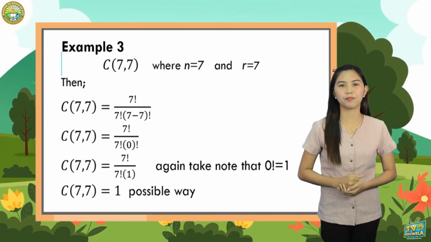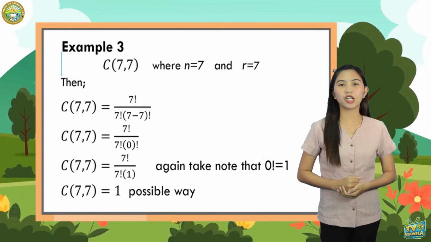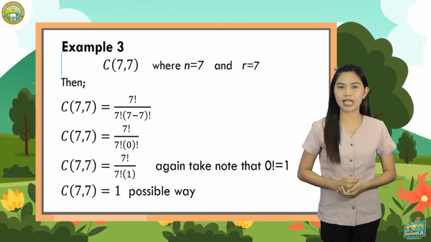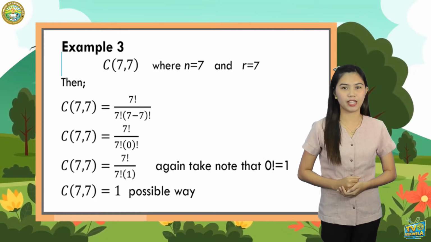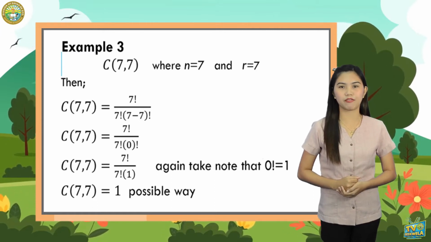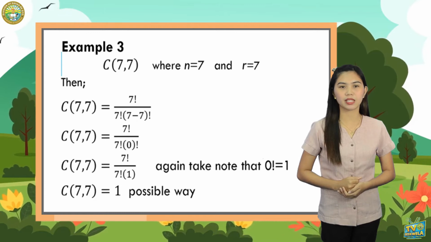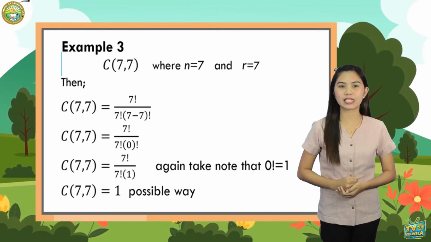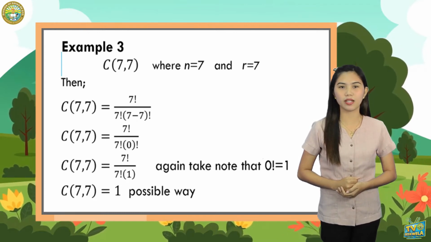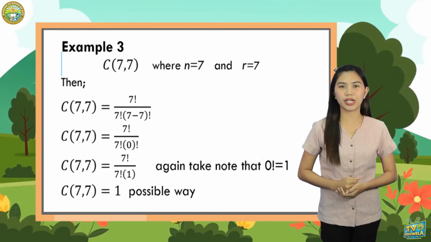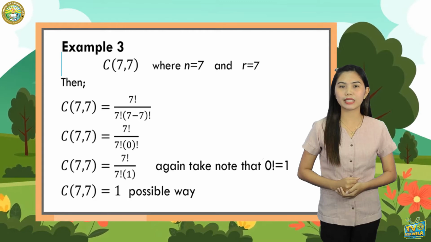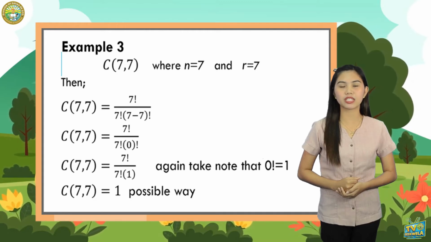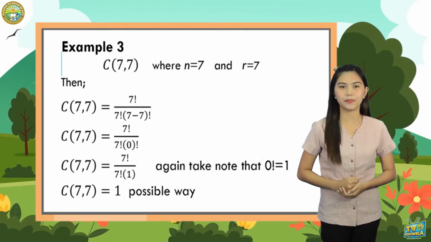Third example. In combination of 7 objects taken 7 at a time, where n equals 7 and r equals 7, then C(7,7) equals 7 factorial over 7 factorial times (7 minus 7) factorial.